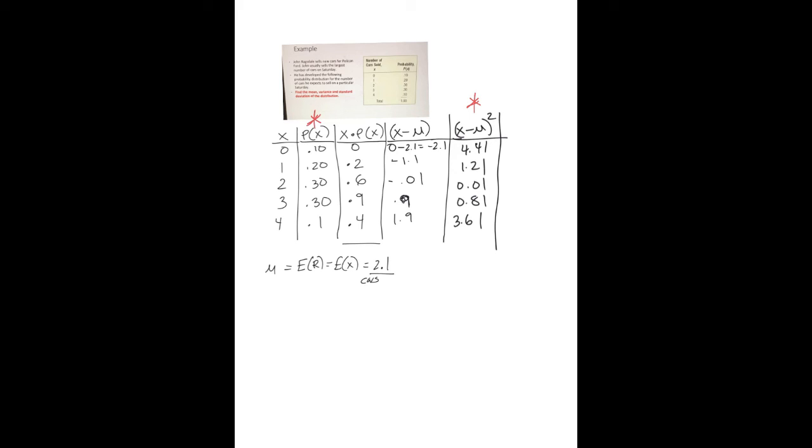Finally, we're going to take each of these squared values here, and we're going to multiply it by the probability of x. So our last column here will be x minus the mean squared times P of x. So our first value will be 4.41 times 0.1, which is 0.441. And we replicate that for the rest of our data.